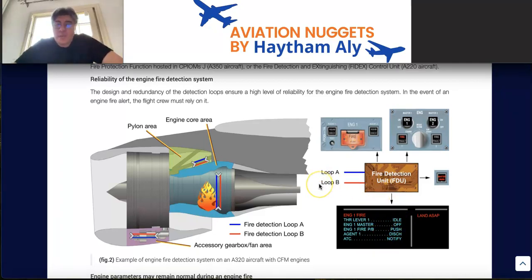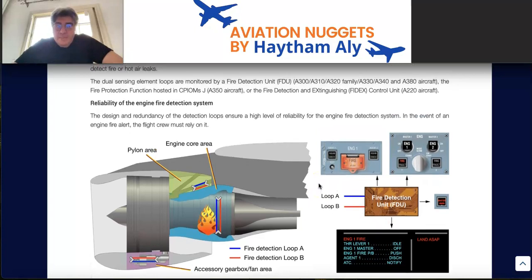Everybody, okay, so as you can see here, the dual sensing element loops are monitored by a fire detection unit, FDU, like in the Airbus A300, A310, A320 family, A330, A340, and A380 aircraft.